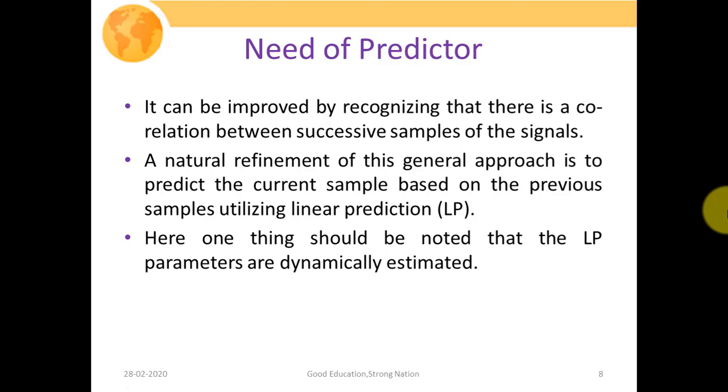So a natural refinement of this general approach is to predict the current sample value from the previous samples utilizing the linear prediction methods, and the linear prediction parameters should be estimated dynamically. That means at runtime we are going to decide how we will utilize the linear prediction mechanism to predict the current sample value.